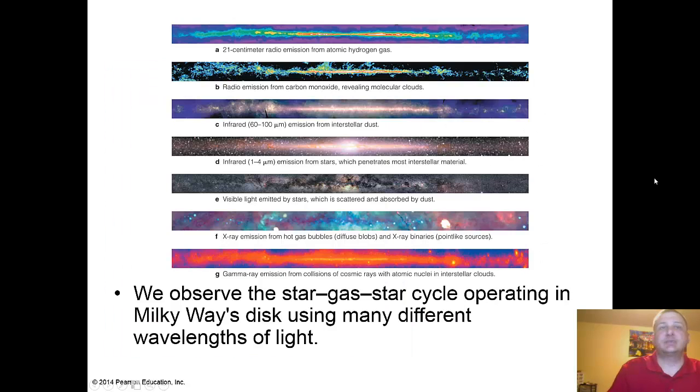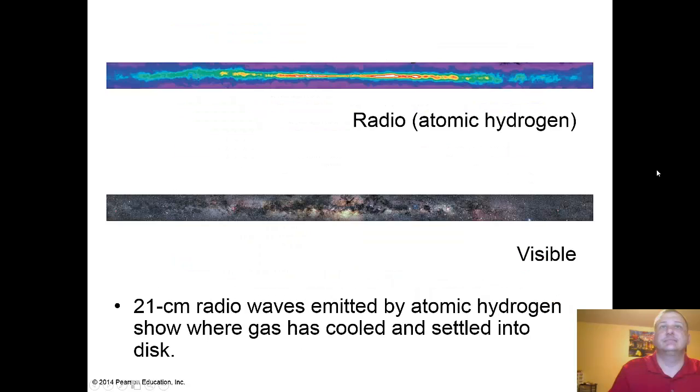Now, of course, we can observe the star cycle, all the different processes operating in the Milky Way's disk using different wavelengths of light, from radio to infrared, visible, X-ray, and gamma rays. So let's take a look at a few of these. We'll compare them to the visible we saw before here. 21 centimeter radio waves are very particular because that's the kind of radio wave emitted by atomic hydrogen.